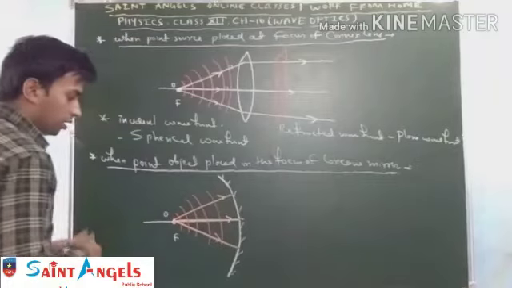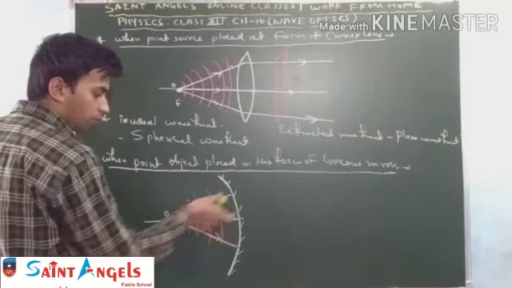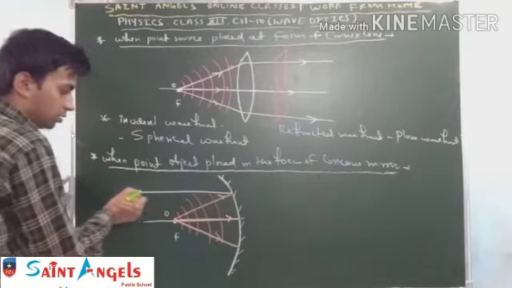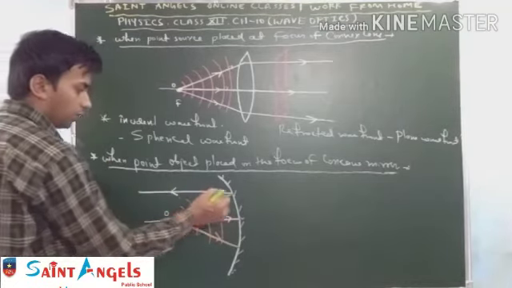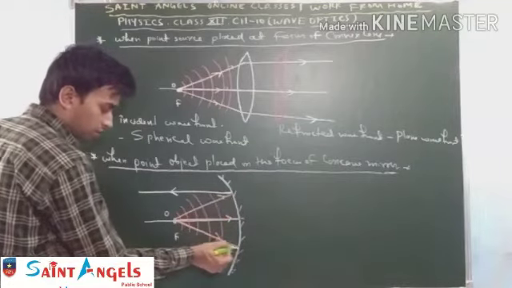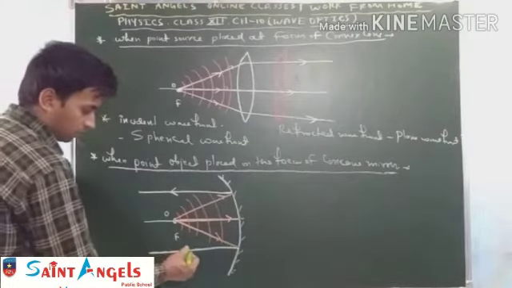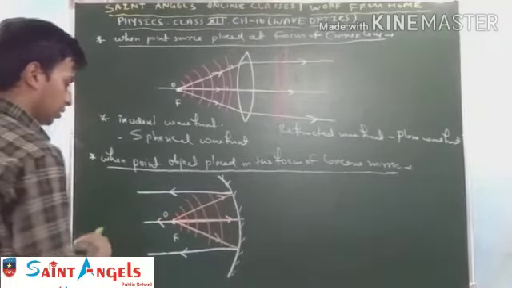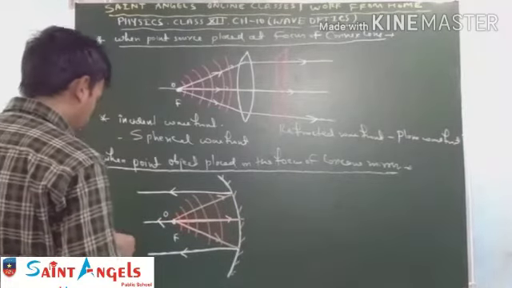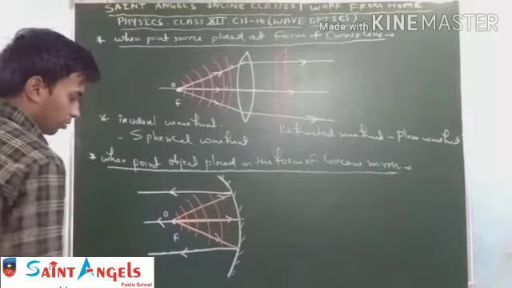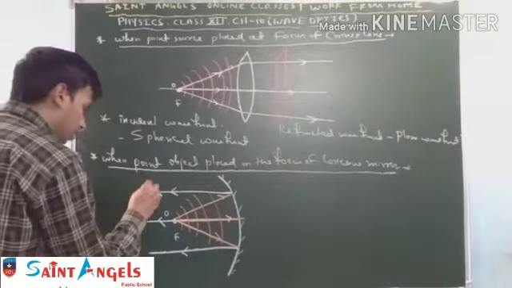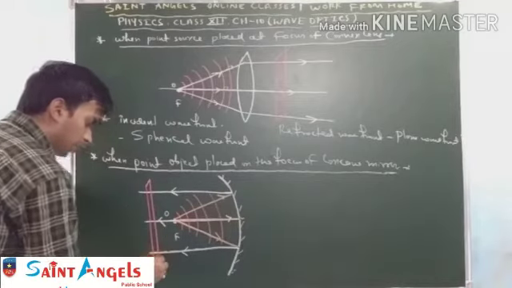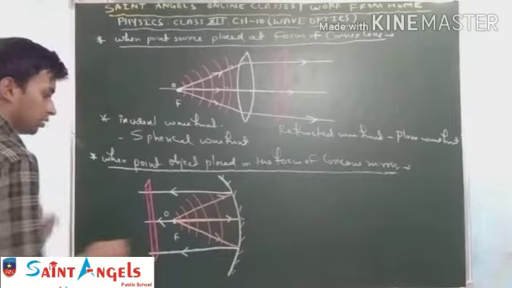And we know that the rays from the focal point become parallel after reflection. So these are the reflected rays, and we know that the wavefront is perpendicular to the rays, that's why the reflected wavefront is plane wavefront in nature.